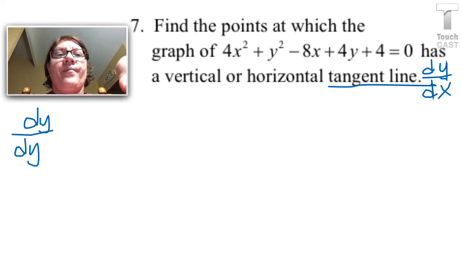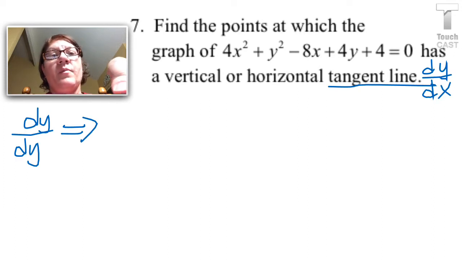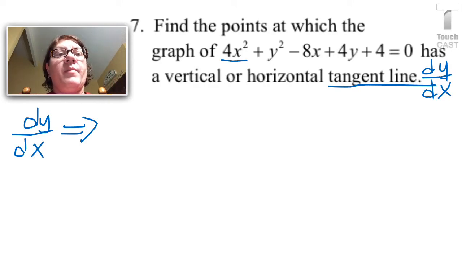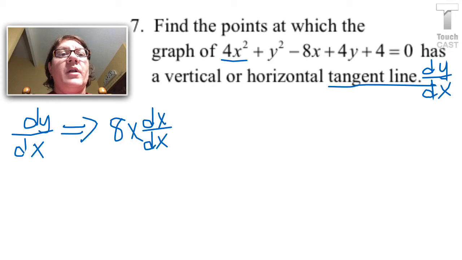implicitly. And, whoops, I didn't mean with respect to y, I meant with respect to x. So for the first term, I would get power down, I'd have 8x, and then I could put a dx there, but I don't really need it because that equals 1, so I'm just going to erase it.